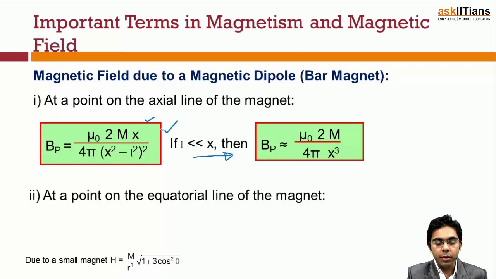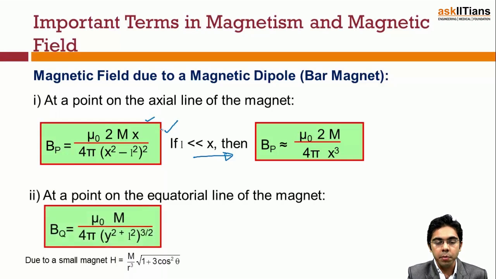Now let's take another thing: at a point on the equatorial line of the magnet, after solving we get BQ equals mu naught by 4 pi times m divided by (y square plus L square) to the power 3 by 2.